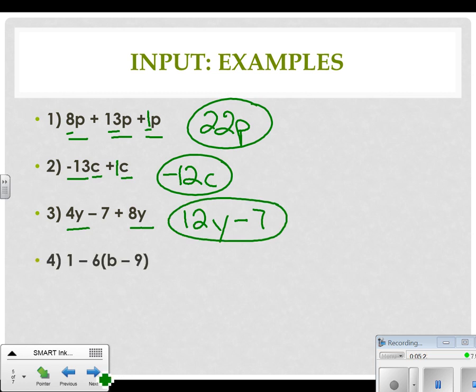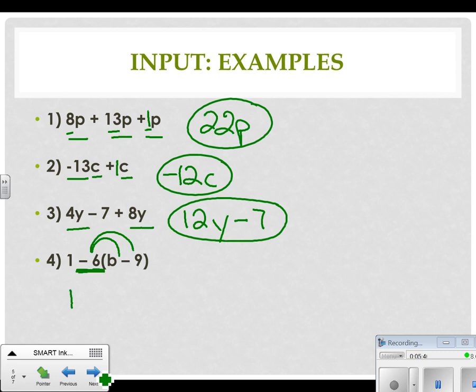1 minus 6 times parentheses the quantity b minus 9. Now in this problem, whenever you see parentheses, you want to get rid of those parentheses first by distributing, making a rainbow. You're multiplying now. This isn't a 6 in front that you're multiplying everything by. It's really a negative 6 because there's a minus sign in front of the 6.